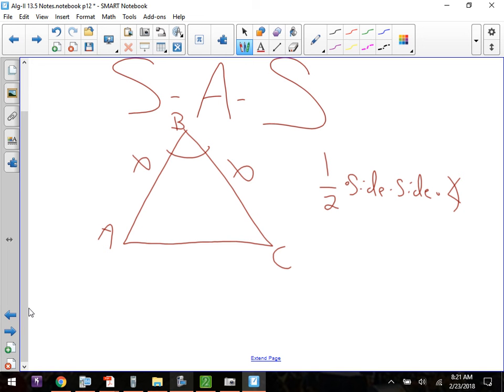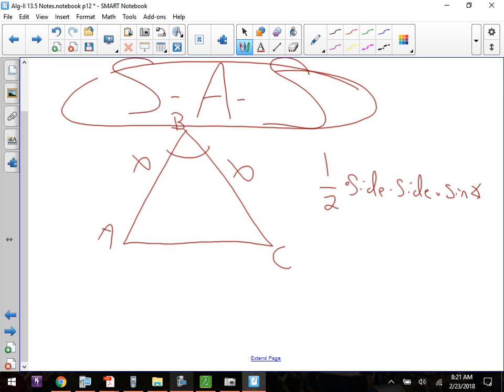Sorry, I read the word sine. If you have a side angle side scenario, and I'll draw an example here in a second.